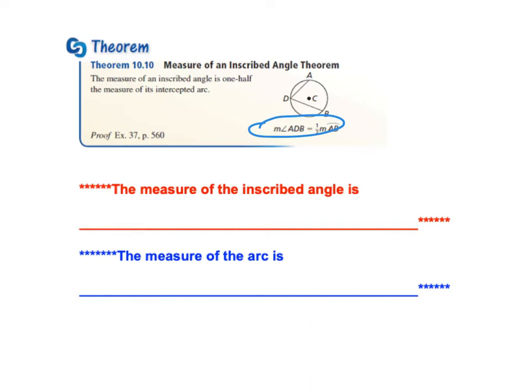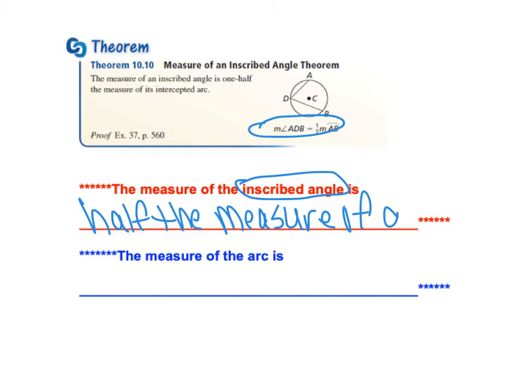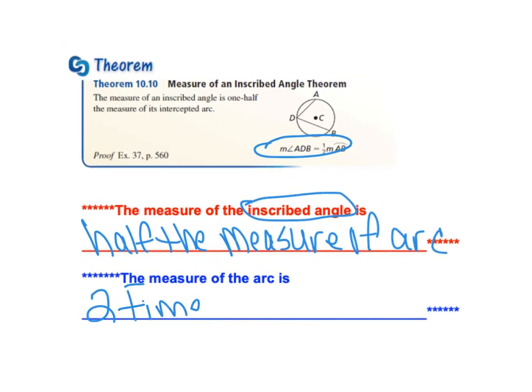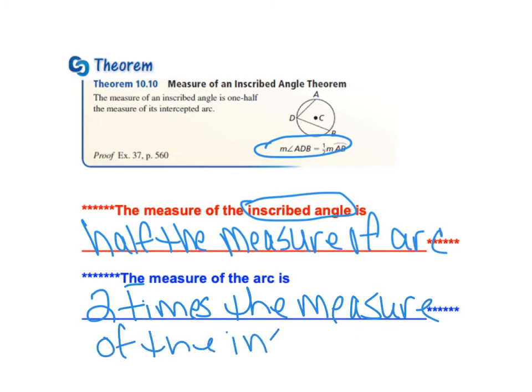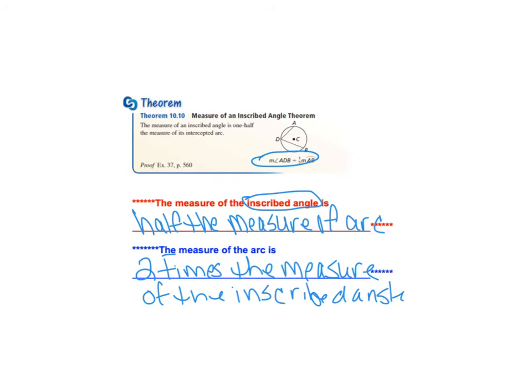The measure of the inscribed angle is half the measure of the arc, which conversely means the measure of the arc is 2 times the measure of the inscribed angle. So let's take a look at how that actually works.